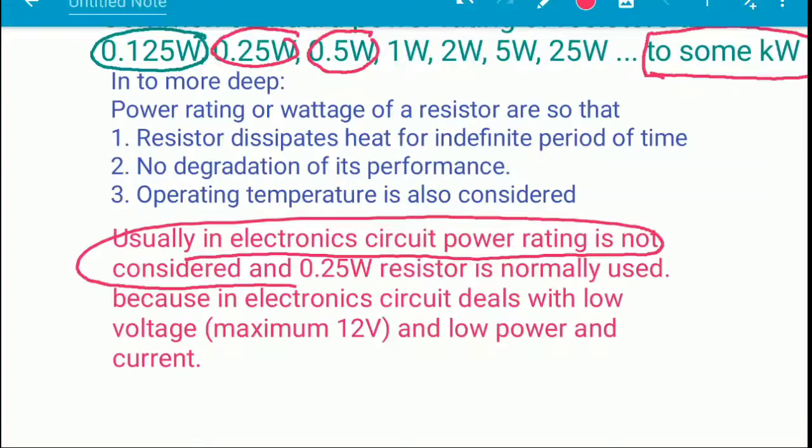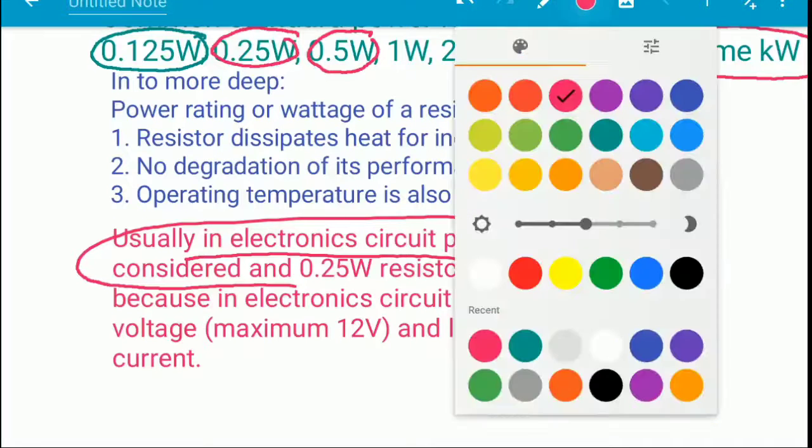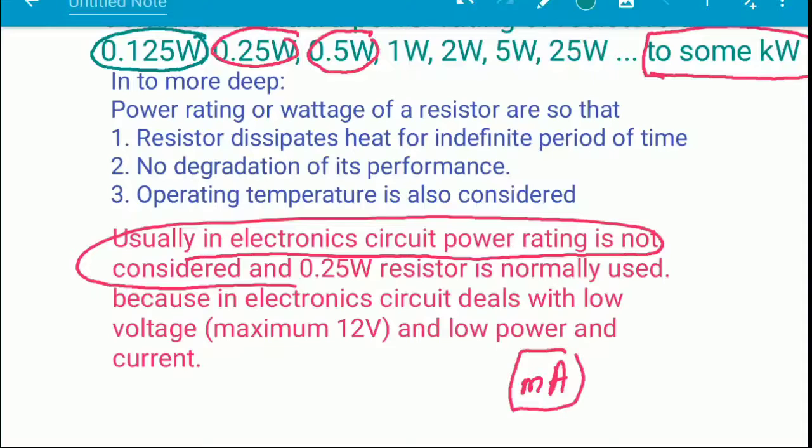And the current is very small, in terms of milliampere, so the power is very low. So in case of electronic instruments, the resistances used are generally quarter watt resistances, and quarter watt resistances are widely available in the market in comparison to the other power ratings.